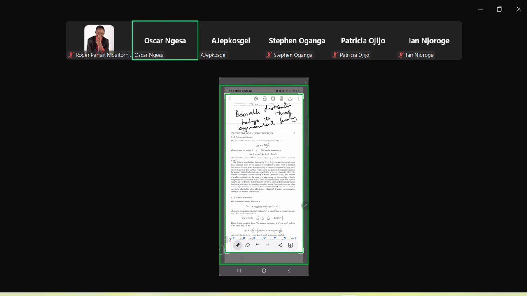So just to give you a heads up, the Bernoulli distribution is given by f of y comma p is equal to p raised power y. So let us do binomial.